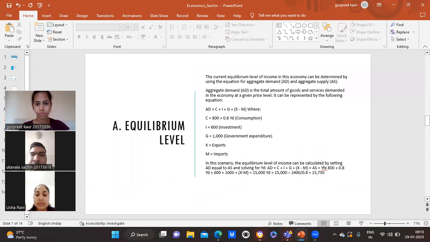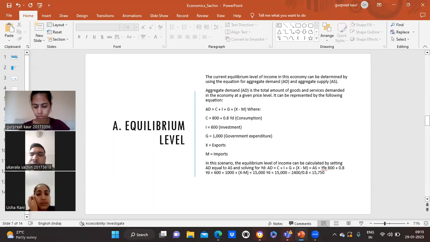Equilibrium level. The current equilibrium level of income in this economy can be determined by using the equation for aggregate demand and aggregate supply. Aggregate demand is the total amount of goods and services demanded in the economy at a given price level.